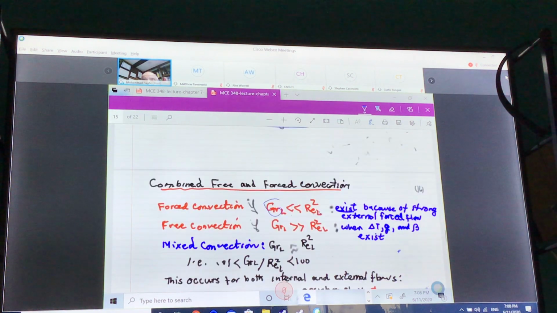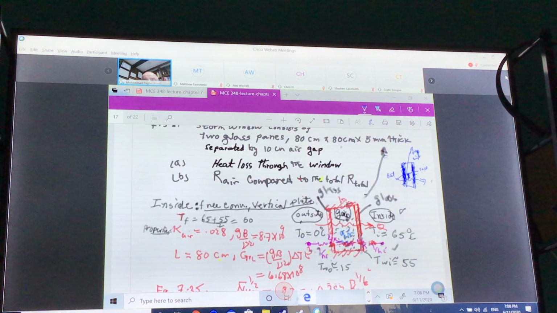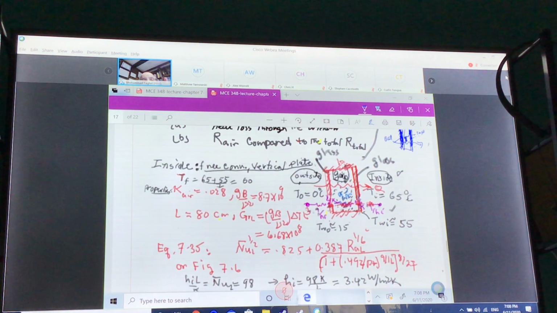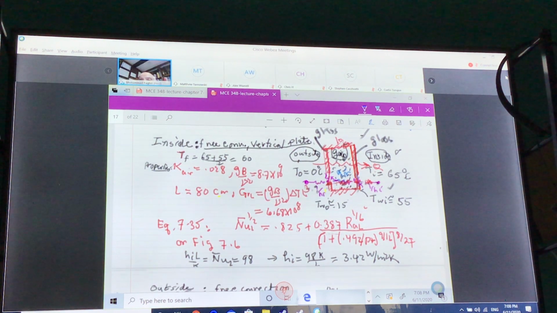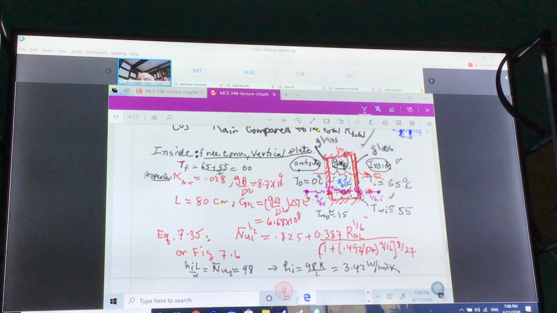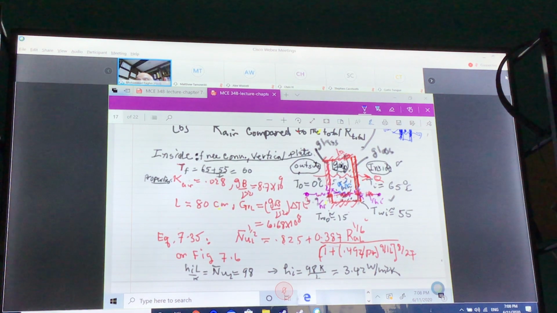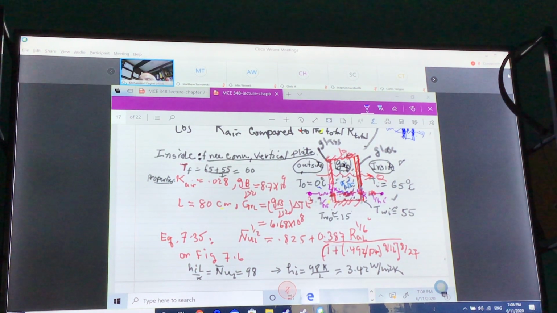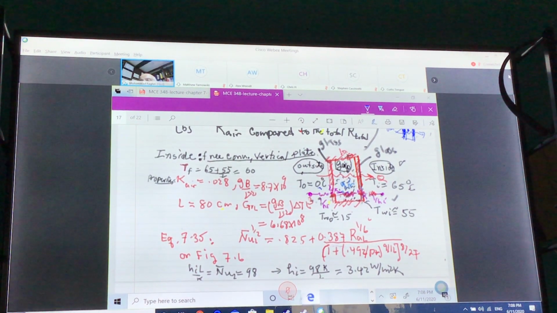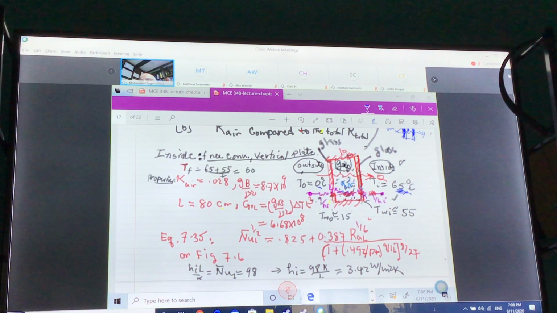So let's see how we did it. Free convection, vertical plate. First, the only thing missing here, they don't have the wall temperature. They have inner temperature 65 room temperature, and outside is 0, a cold day. As you know, you need for natural convection delta T. What is that?